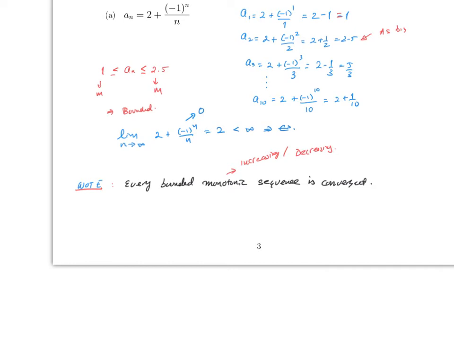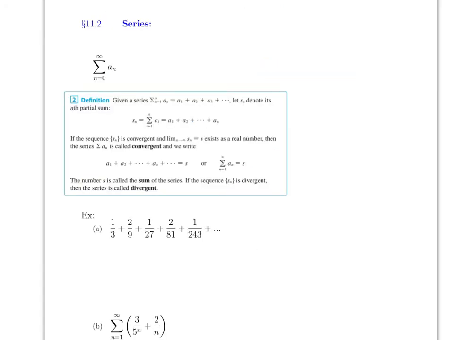We're going to go now to 11.2, which from now on will be all about series. So 11.2 is series in general. After that, each section has some specific kind of series, but this is the notation for series, and this just means technically you add all the values of the sequence.